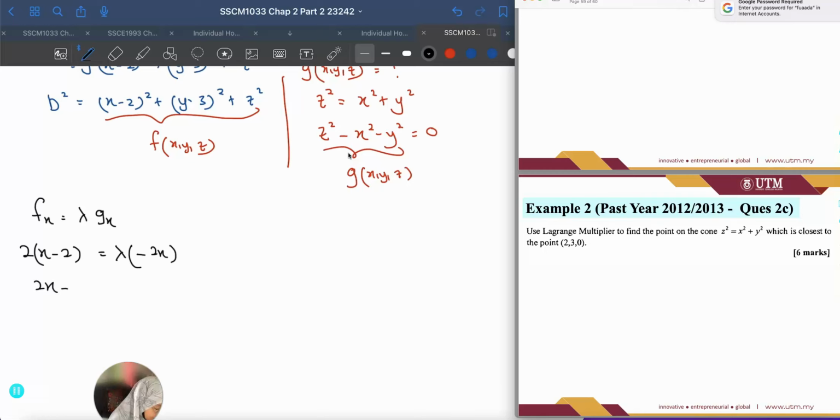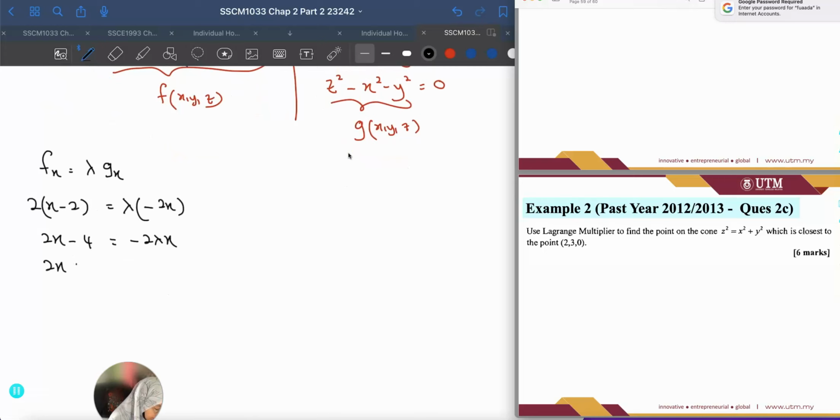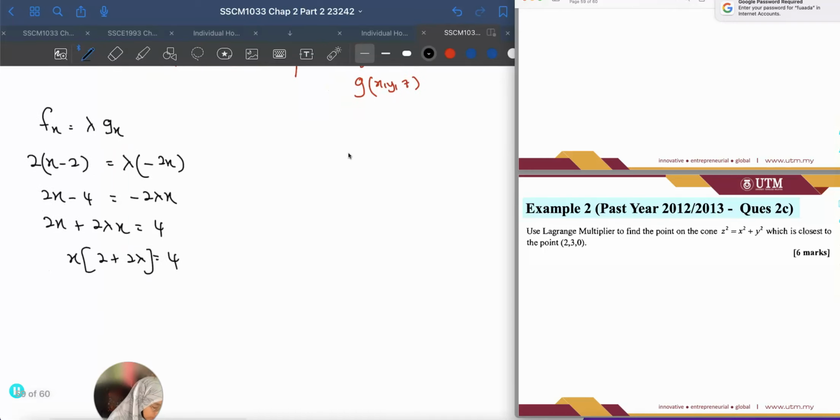So 2x minus 4, negative 2 lambda x. Then we may simplify: 2x plus 2 lambda x equal to 4. And then we can factorize, so we have 2 plus 2 lambda equal to 4. Just like before, we want to have x in terms of lambda. So x is 2 over 2 plus 2 lambda, we can simplify to 2 over 1 plus lambda. So that is for the first component.